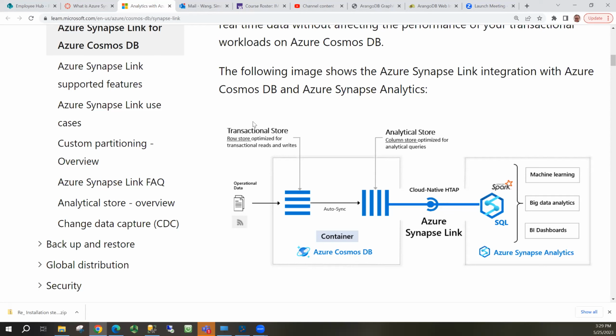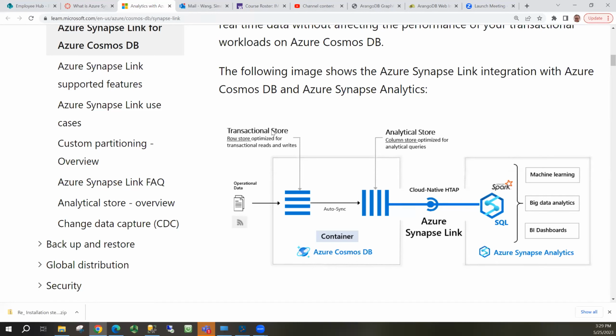The second type of operation is reporting, like analytics, or using machine learning solutions to analyze our data, to do prediction or forecasting. And so look at this architecture diagram.